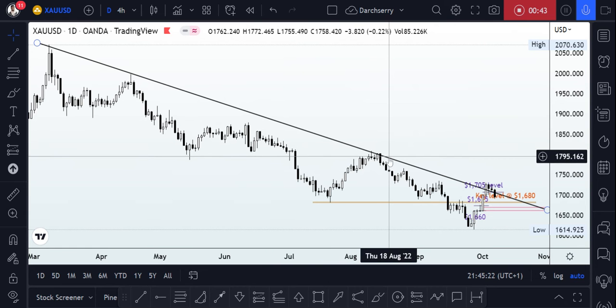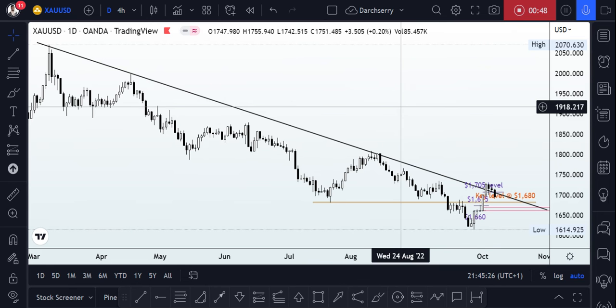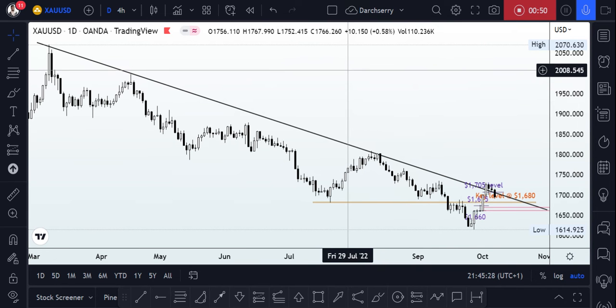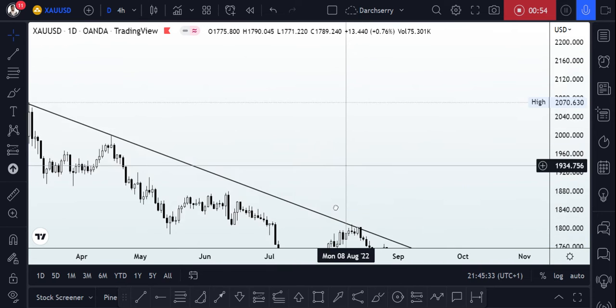But before I go into the details here, the first thing I want to do is to show you what I was able to pull out from the economic calendar, which is likely going to be affecting the dollar this week.